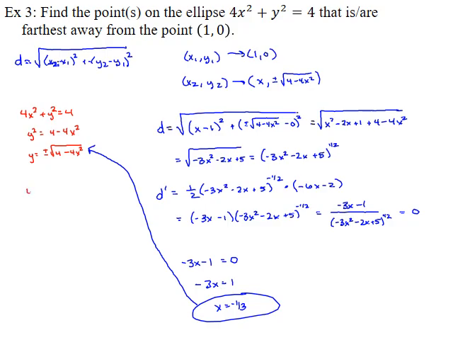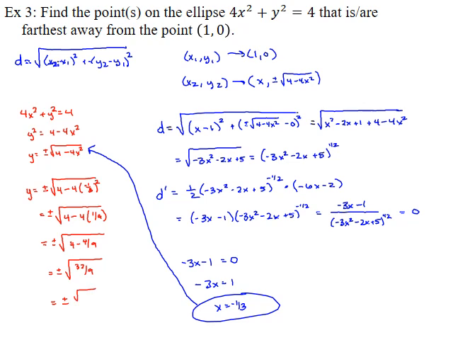the plus or minus. You actually get y equals plus or minus the square root of 4 minus 4 times negative 1/3 squared, which is plus or minus the square root of 4 minus 4 times 1/9, which is plus or minus the square root of 4 minus 4/9, which is equal to plus or minus the square root of, you should get a 32/9, which is equal to plus or minus the square root of 32 over 3.